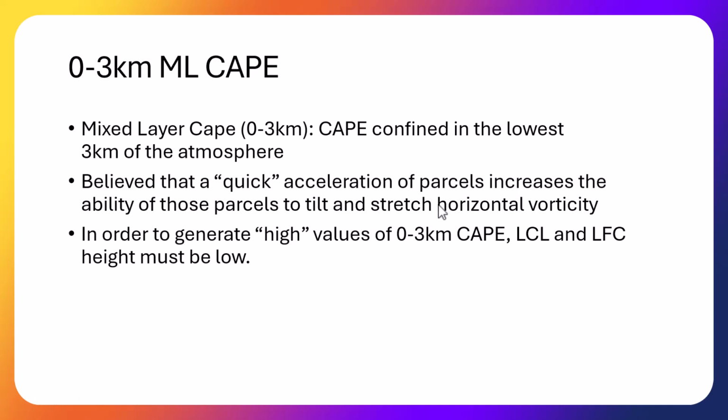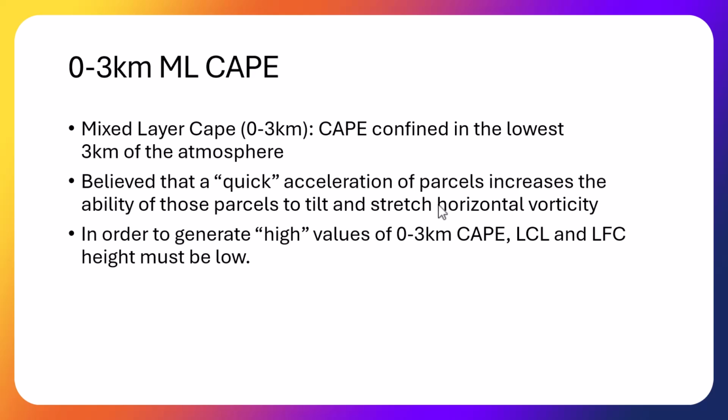This is also important here: our mixed layer CAPE, 0 to 3 kilometers. It's CAPE confined in the lowest 3 kilometers of the atmosphere. Very important to look at. It's believed to be a quick acceleration of parcels, increasing the ability of those parcels to tilt and stretch the horizontal vorticity. So very important when we're looking at severe weather.